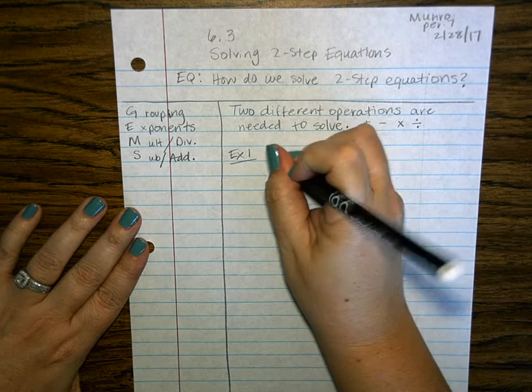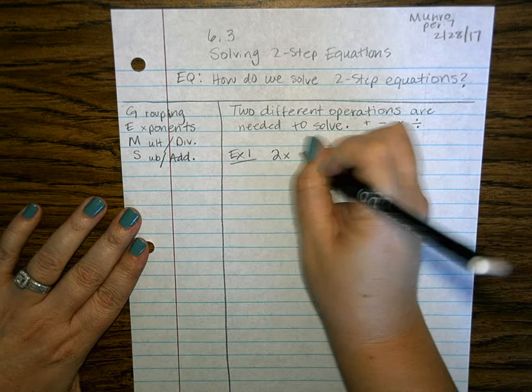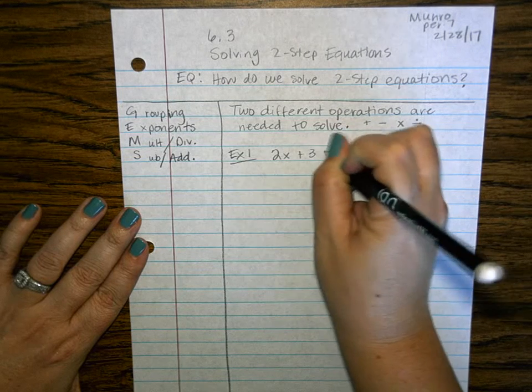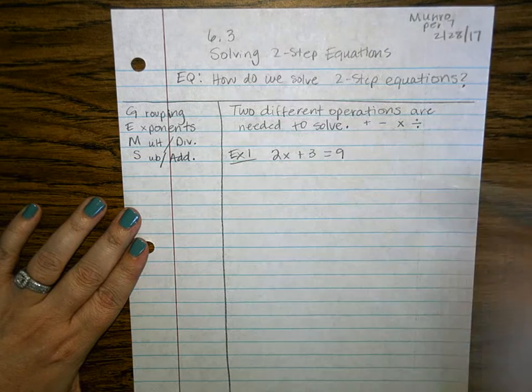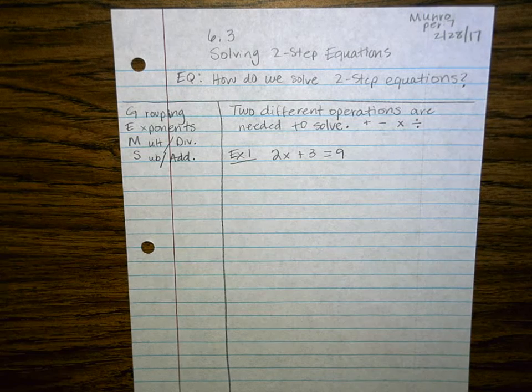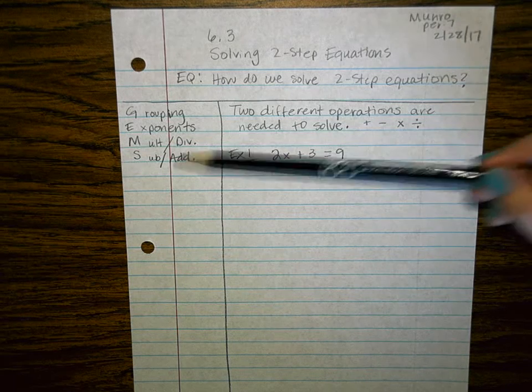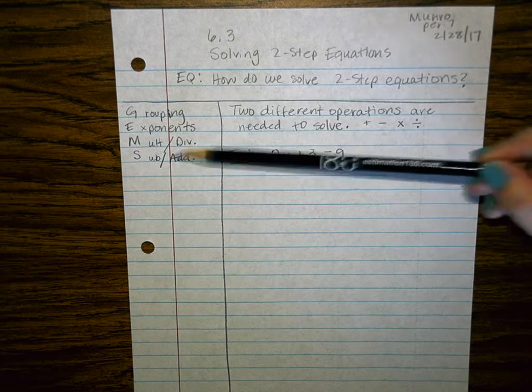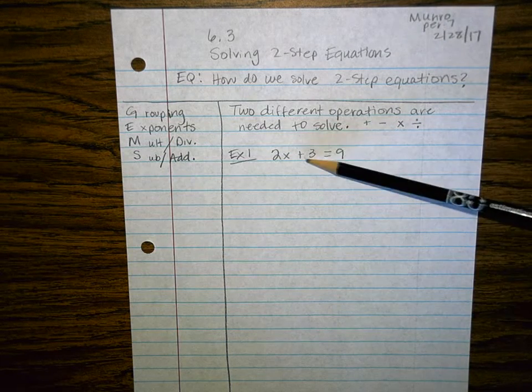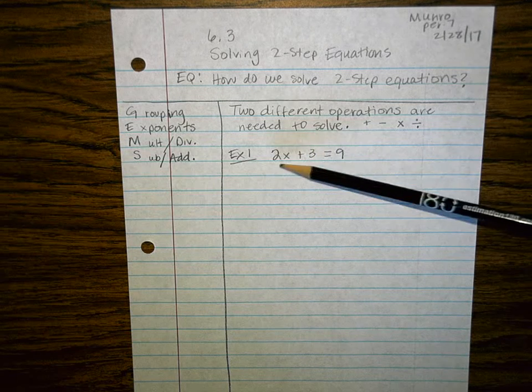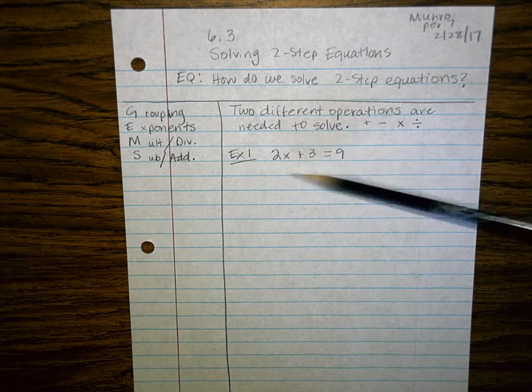Example 1, we have a real simple one. 2x plus 3 equals 9. So if we're working in reverse order of operations to solve for x, that means we have to add or subtract first. So over here I have an add 3. This is on the same side as the x. That's the side I want to work from.